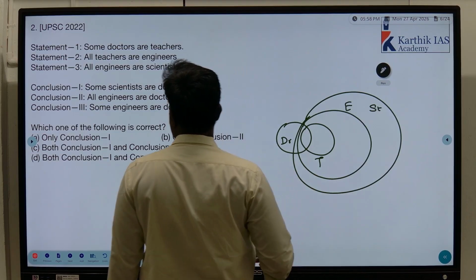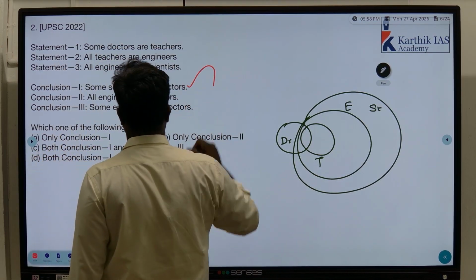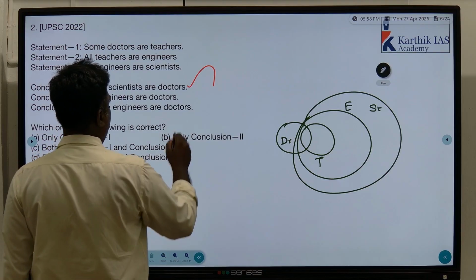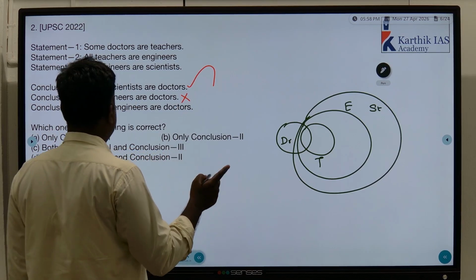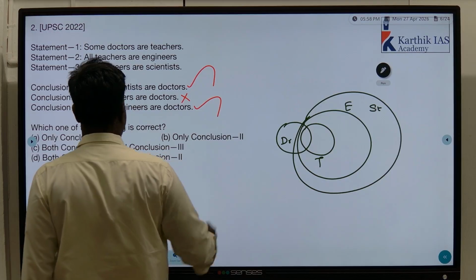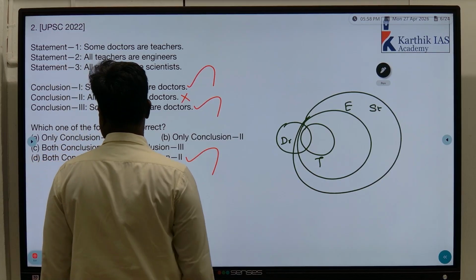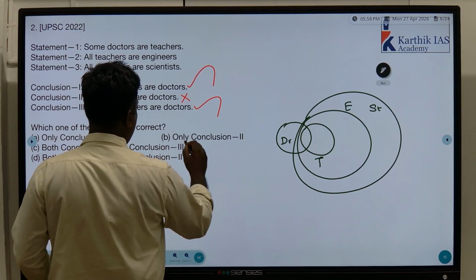Okay. Some scientists are doctors. That is true, definite, right? All engineers are doctors. That we can't say. Understand? All teachers are scientists. We can say. Some engineers are doctors. That also we can say. So 1 and 3. Sorry, not 2. This one.